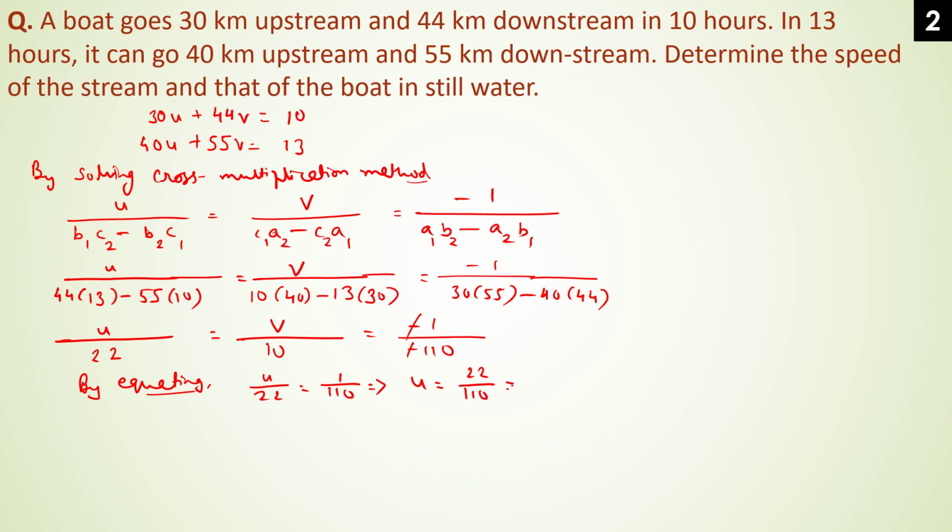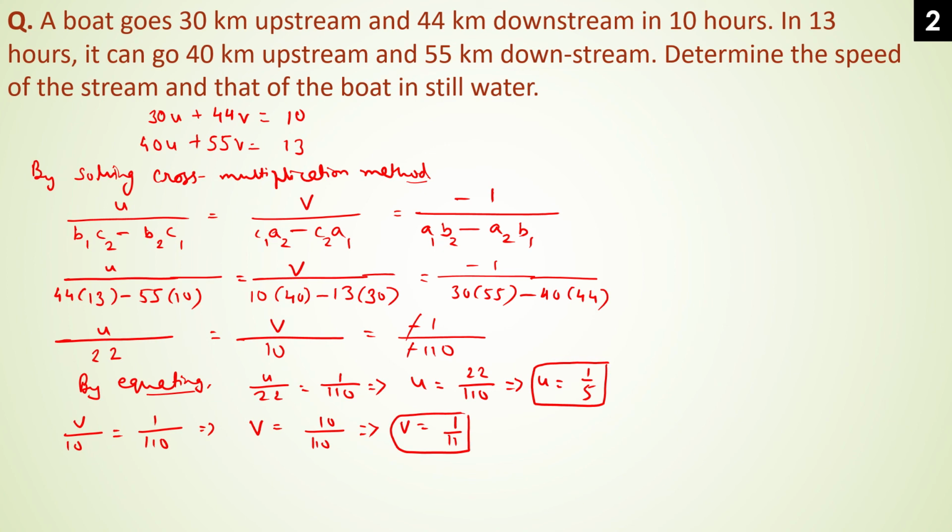that means u is 22 upon 110, that means we get u as 1 by 5, and v by 10 equals to 1 by 110, that means we get v as 10 by 110, that means we get v equals to 1 by 11.